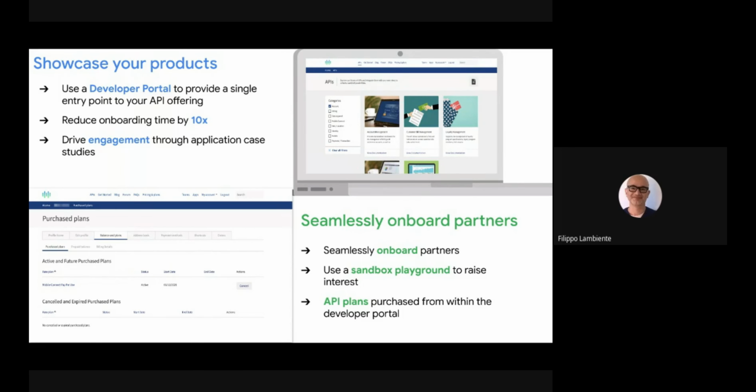We've seen several developer portals, from simple configuration to more sophisticated configuration. The developer portal not only provides you a way to discover the API, but also a kind of sandbox where the developer can play before maybe subscribing to that particular API and paying for its use.